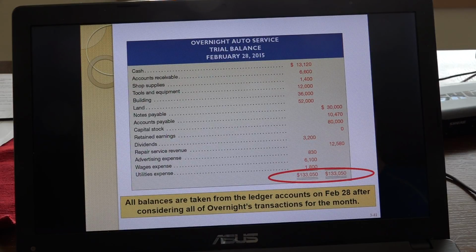Well, it doesn't mean that all your entries for that month were correct. The amounts weren't necessarily correct, nor does it mean that you put them in the right accounts. But at least this gives you an idea that you're on the right track. All your debits and credits equaled each other.